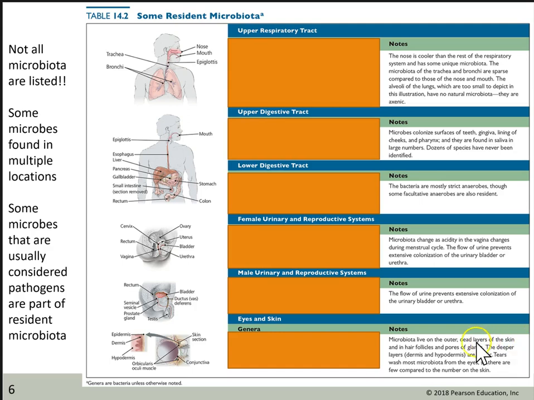For example, the microbes of the skin live on the outer dead layers of the skin and follicles and pores of glands. And when we get to the chapter on the skin, we're going to learn that the skin is oily and salty and cooler than the rest of the body. So the microbes that will live there are going to be very different than the microbes, for example, in the upper or the lower digestive tract.